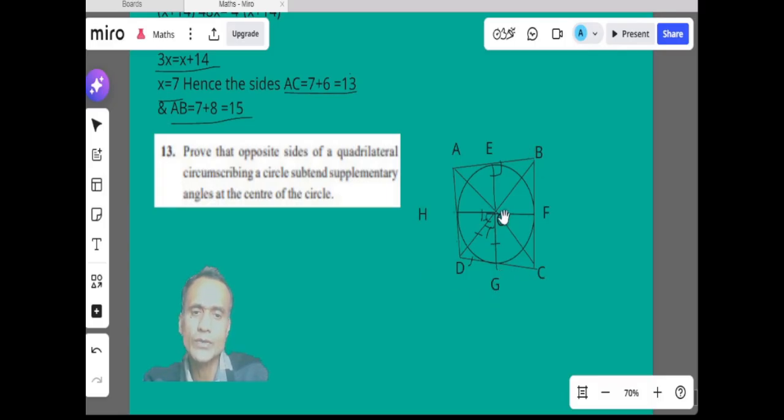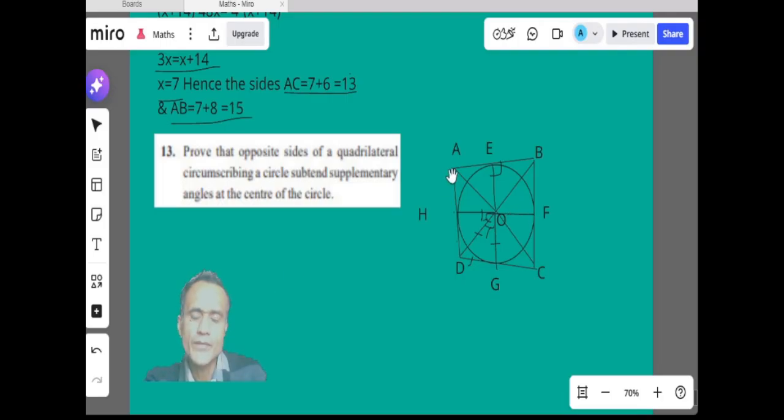And we know that if we draw a line from the center which touches the tangent at the point of contact, then the angle will be 90 degrees. So this is the information that we have from the theorems, and we need to prove that angle AOB plus angle COD is 180 degrees. So how do we go about solving this question?